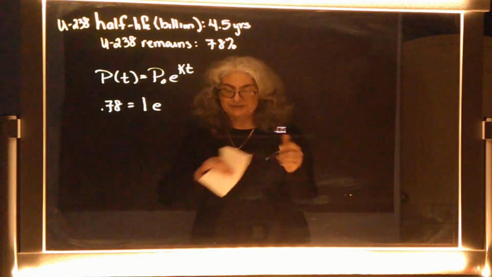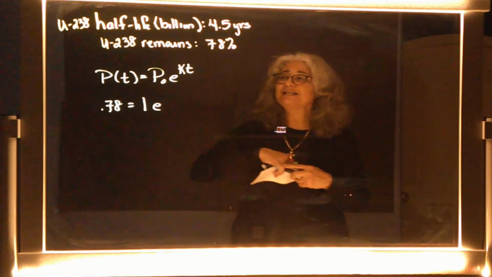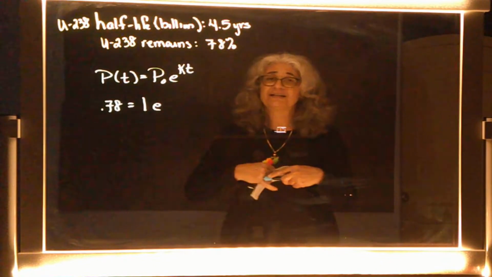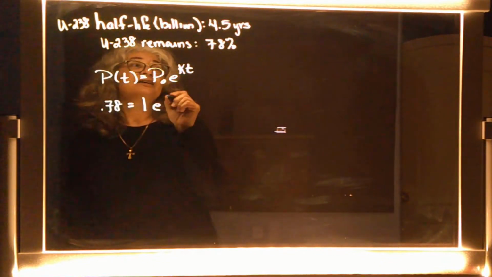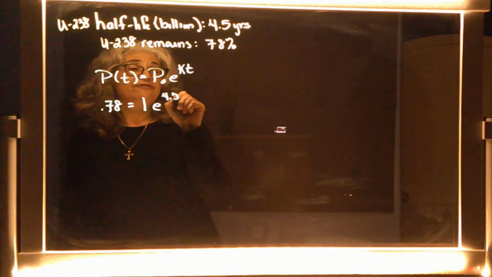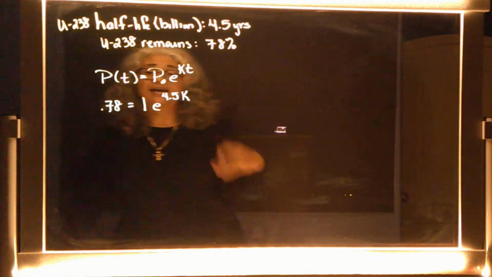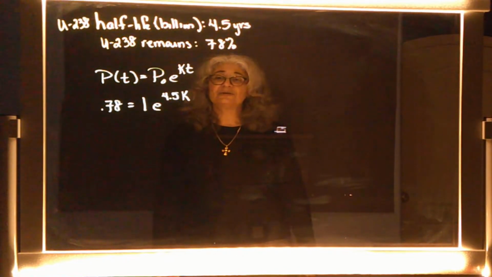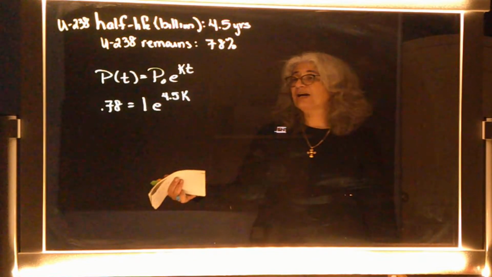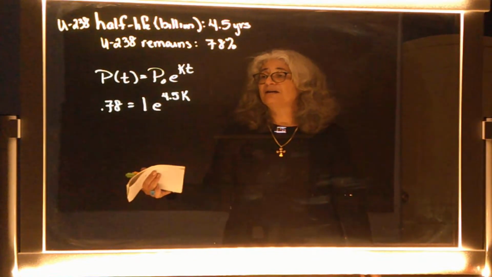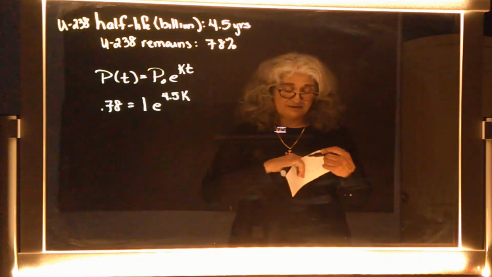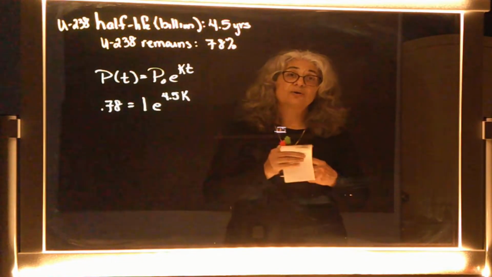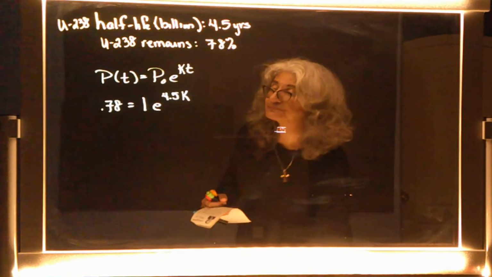Wait, let me back up. They didn't give me the K, did they? All they told me was that the half-life is 4.5, but I don't have the K, do I? Well, how the heck am I supposed to figure out how old this rock is if I don't know the rate? All right, hold on to this a second, okay?